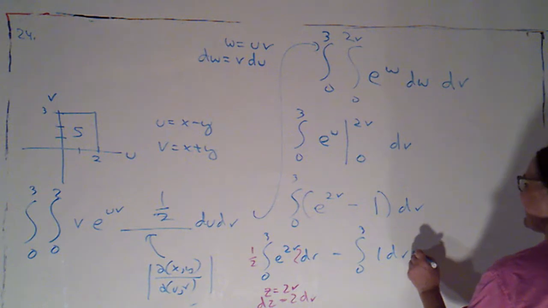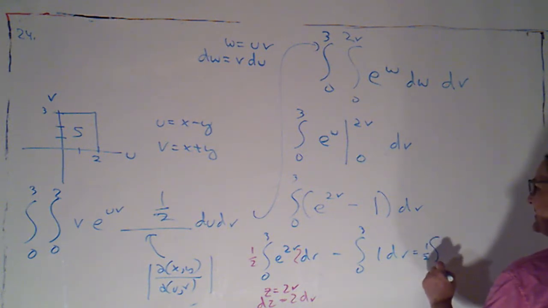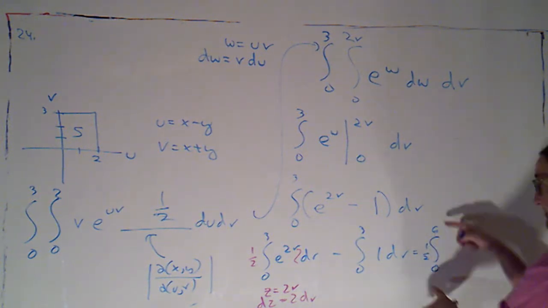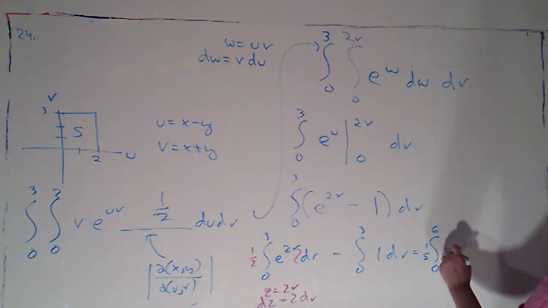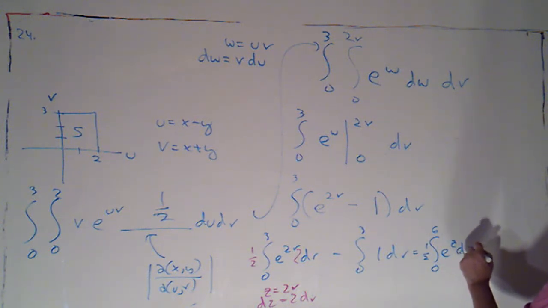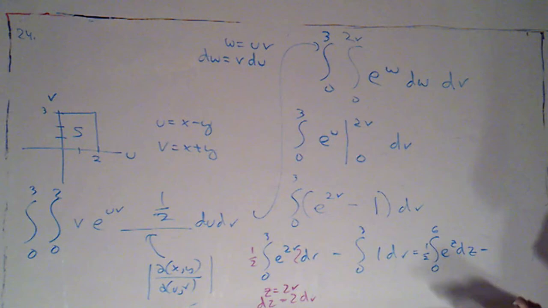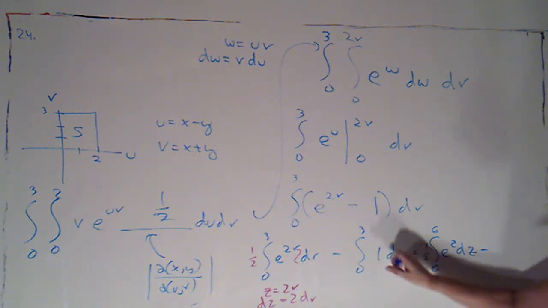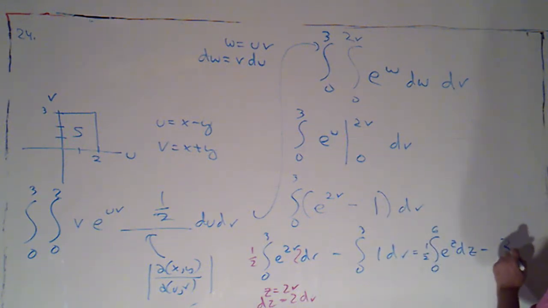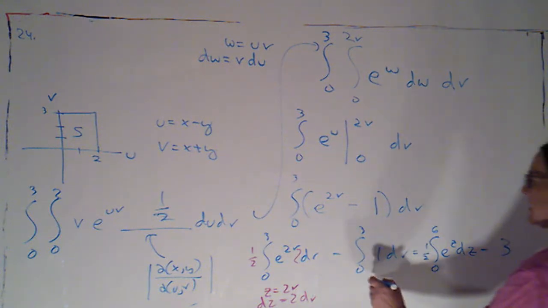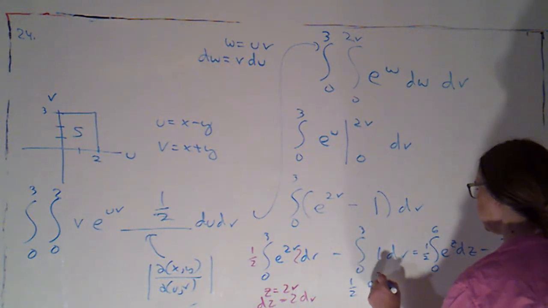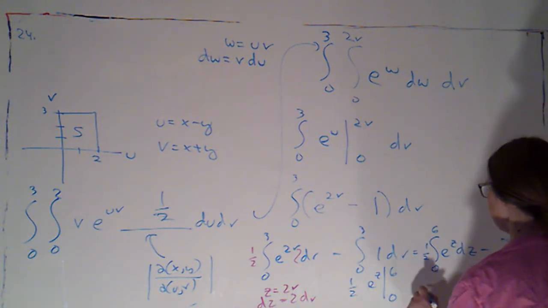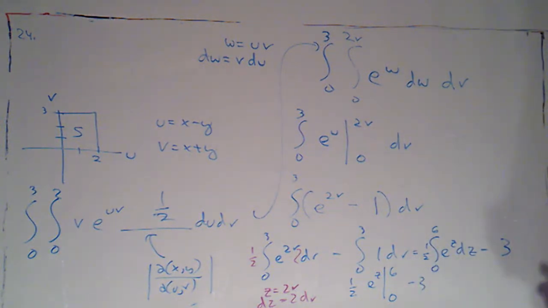All right. So then that becomes 1/2 the integral from 0 to 6. My limits of integration change. e to the z dz minus, this is just going to be 1 times the length of that interval, which is 3. So that's 1/2 e to the z evaluated between 6 and 0 minus 3.